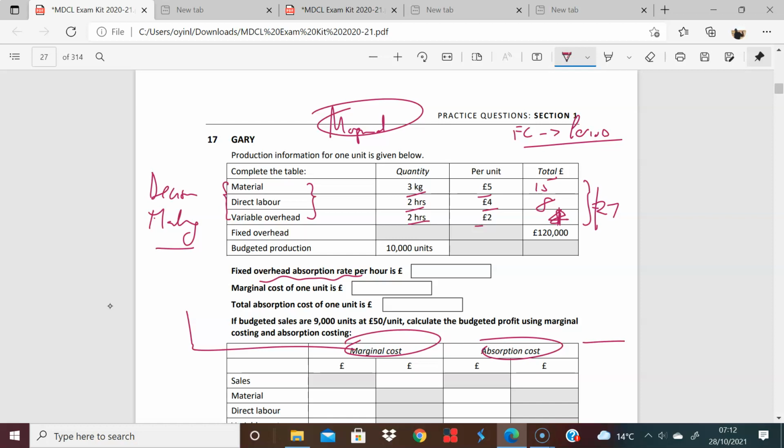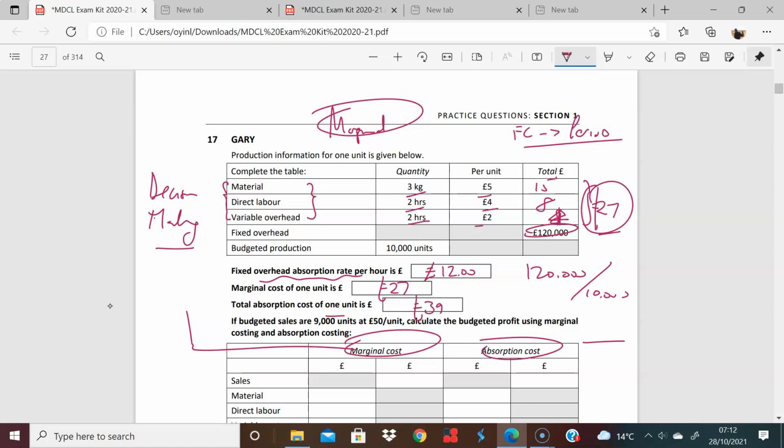Here, your fixed overhead is 120,000. Your budgeted production is 10,000 units. So your fixed overhead absorption rate is £12. And we've just calculated that the marginal cost of making each unit is £27. So the total absorption cost of one unit must be adding the two together, which is 39.